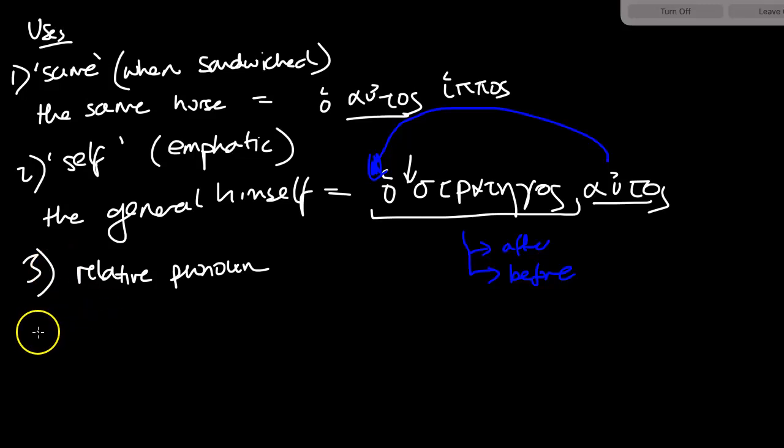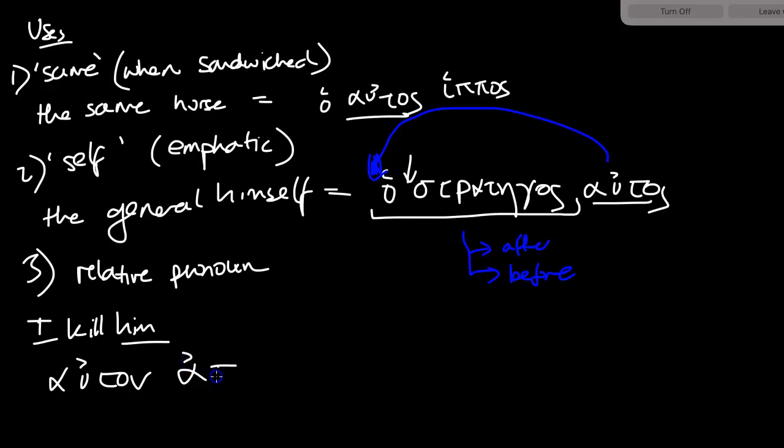So like in the sentence, I kill him, you're going to use autos, or well, obviously not that form, but the word for him. Because it's I kill him, him is the object, so it's going to go in the accusative. So auton apokteino. Yes, that's the correct answer.